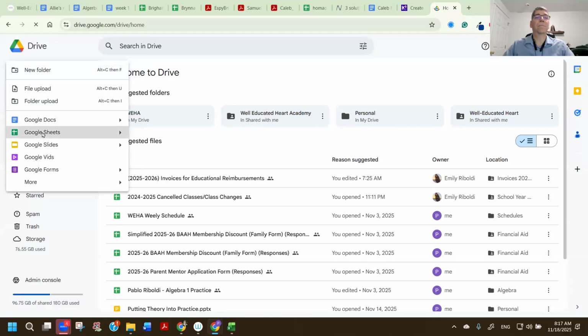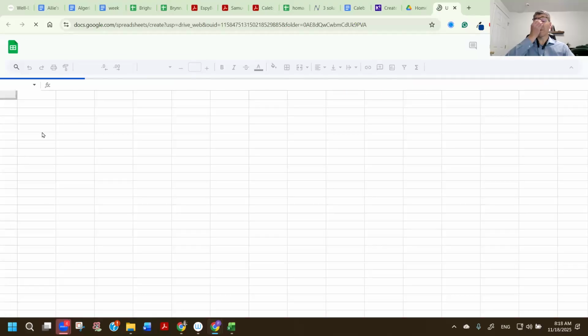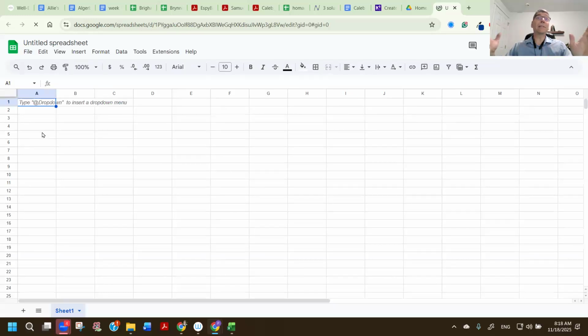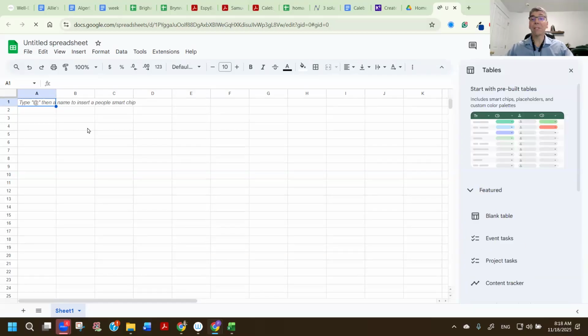Spreadsheet. This is amazing because the spreadsheets are basically the potential for anything. And so if I put here one variable, so let's see, variable. My computer is really running slow.